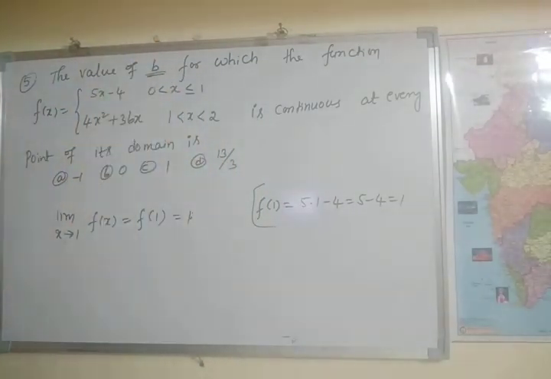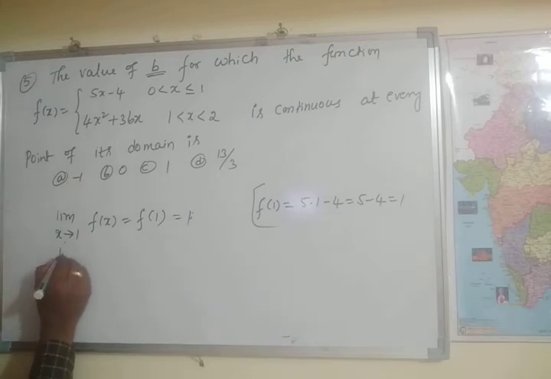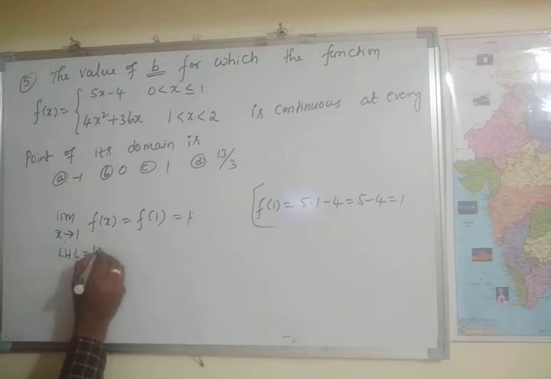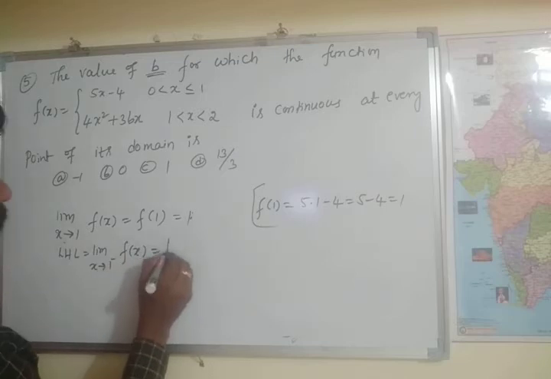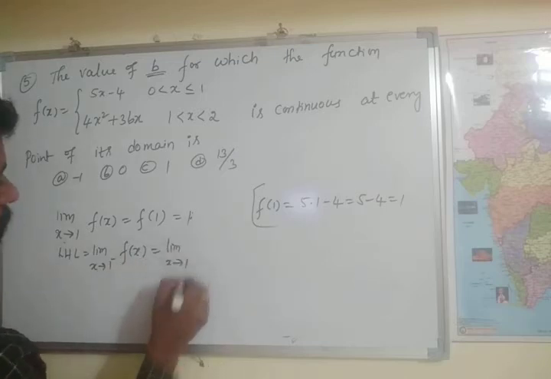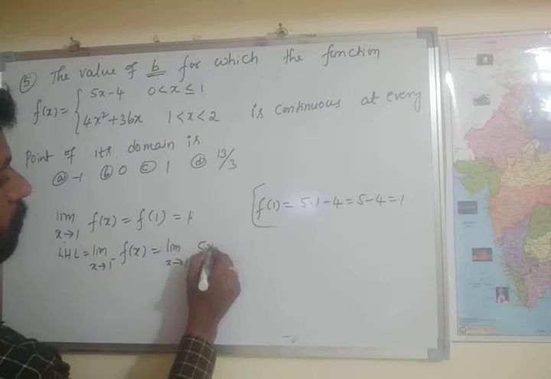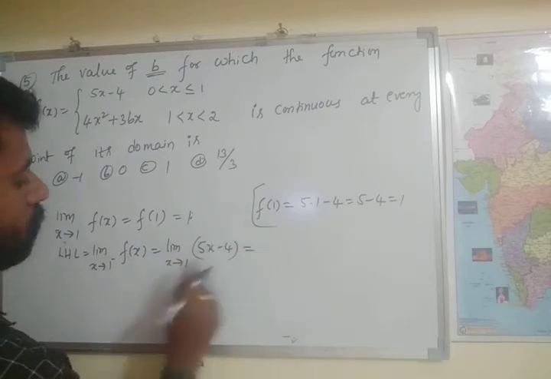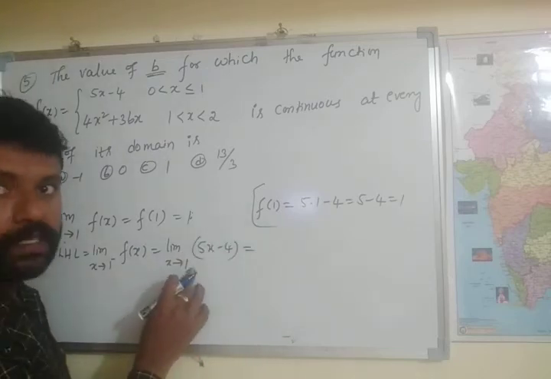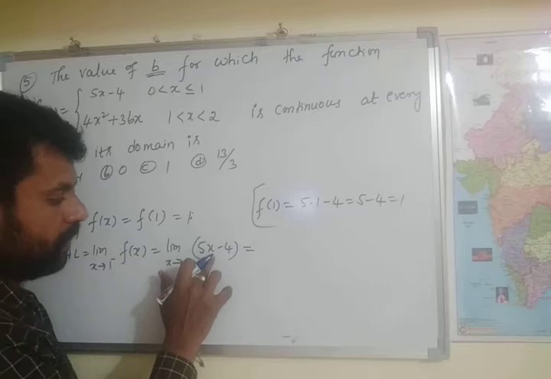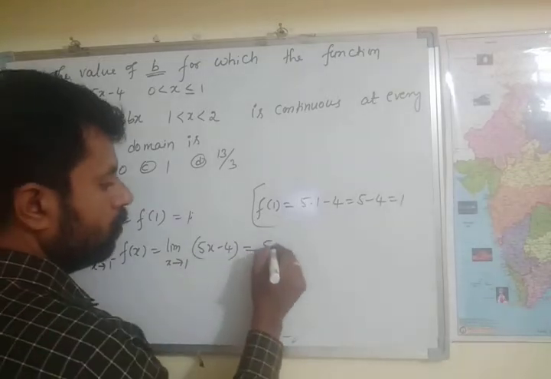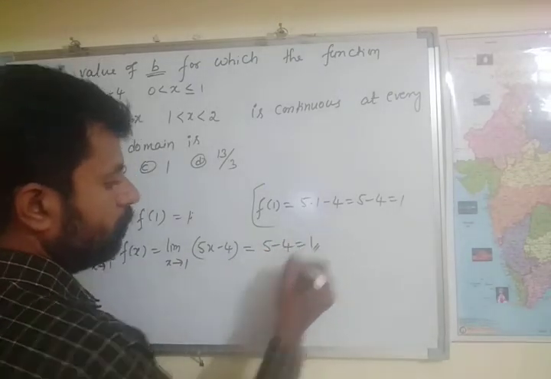See now here apply the left hand limit. Left hand limit, limit x tends to 1 minus f(x) is equal to limit x tends to 1 of f(x). See, the less than part is 5x minus 4. x approaches 1. Substitute 1 in the place of x. 5 minus 4 is equal to 1.